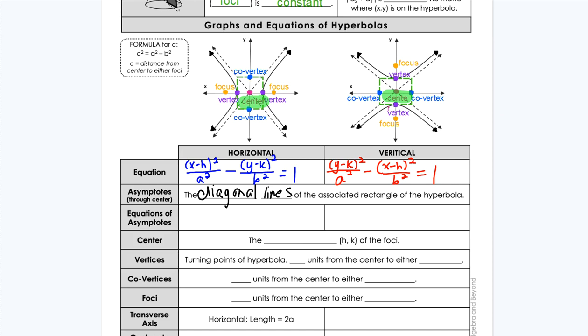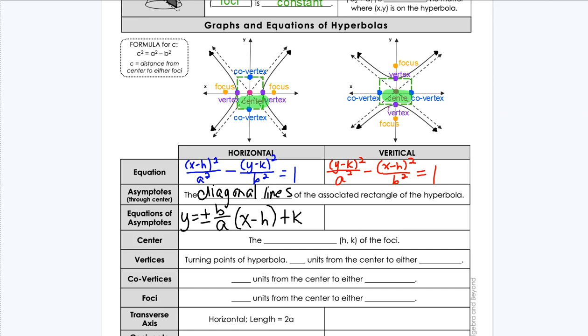To find the equations of those asymptotes, the formulas look like this. If the hyperbola is going horizontal, then the asymptotes are going to be y equals plus or minus, because there's two of them, one with a positive slope, one with a negative slope, b divided by a, and again, we'll get into in just a second where b and a are coming from, times the quantity x minus h, plus k. When we do that, we generally get steeper lines.